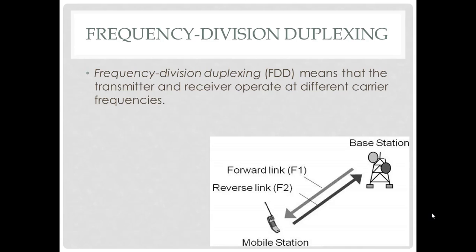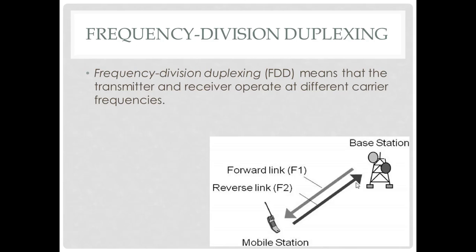For instance, in mobile wireless networks, one block of the electromagnetic spectrum is allocated for uplink, which carries data from mobile phone to base station, as you can see in the picture, and a different block of the spectrum is allocated to downlink, carrying data from a base station to mobile phones.